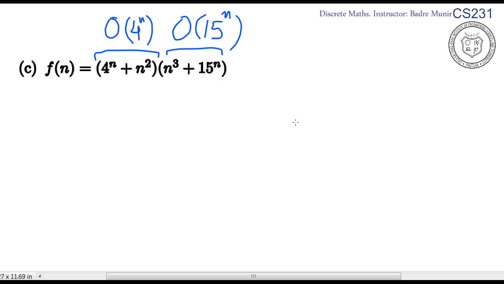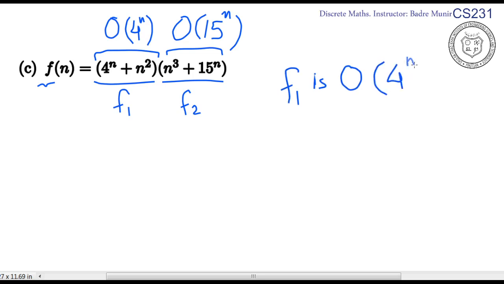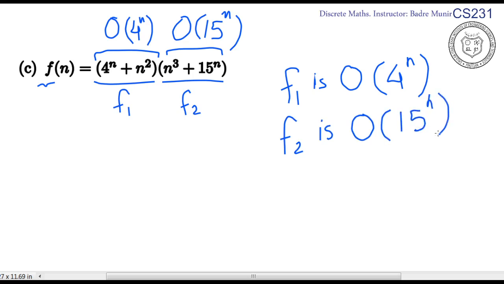Now finally, we can apply theorem 3, because now if you look at it, this is function f1 and this is function f2, and our function f is made up by the product of these two functions. We know that f1 is big O of 4 raised to power n, and we also know that f2 is big O of 15 raised to power n.